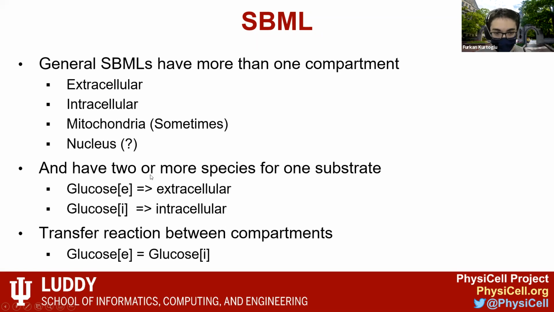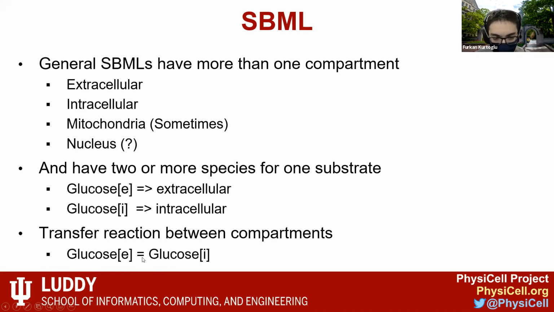Also, the same chemical can be expressed in different ways, like in the extracellular compartment, the glucose shows as extracellular glucose. Even though those are glucose, they are in different compartments, so they are different species. And also there are transfer reactions between those compartments, like here, where glucose is reversible.